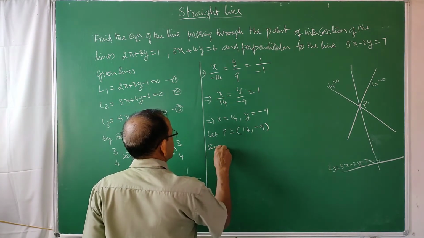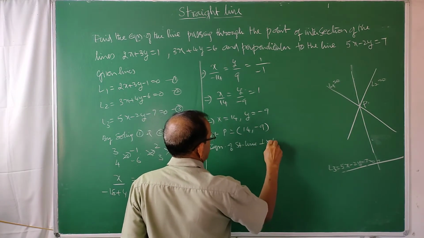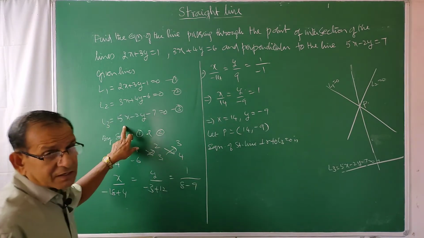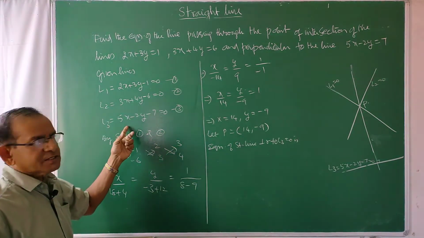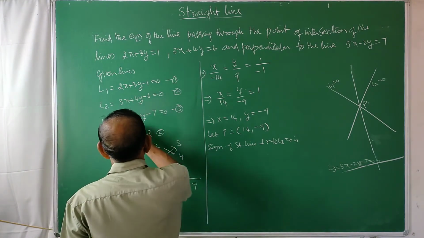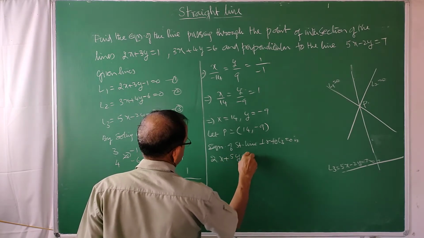Equation of straight line perpendicular to L3 is equal to 0 is, for perpendicular line you have to interchange coefficients of x and y, change the sign of y, change constant, is 2x plus 5y plus k is equal to 0.